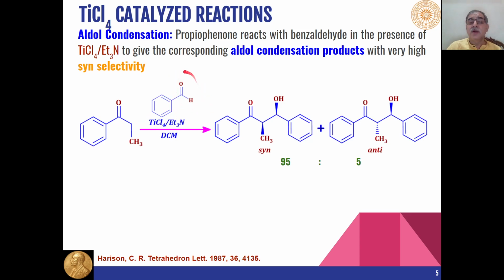So here no acidic hydrogen is present in this carbonyl system, whereas this carbonyl system has hydrogens present at this carbon, which can be acidic because of the presence of this carbonyl. And because of this, a carbanion will be generated at this place, which will add to the non-enolizable carbonyl compound to give us aldol condensation products.